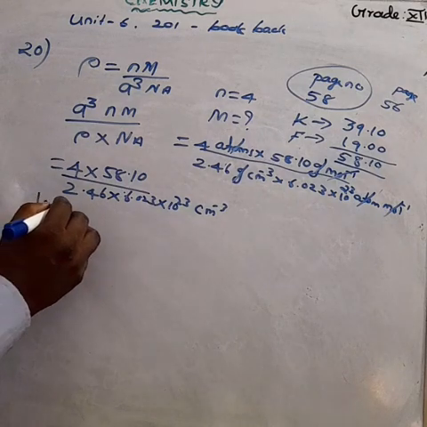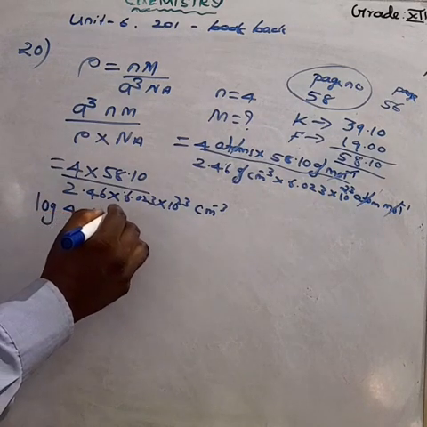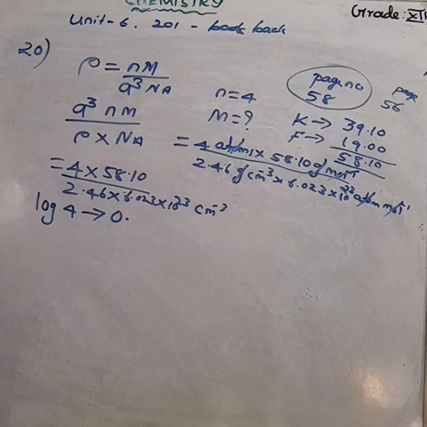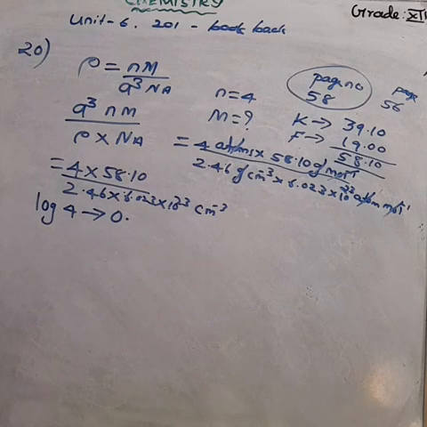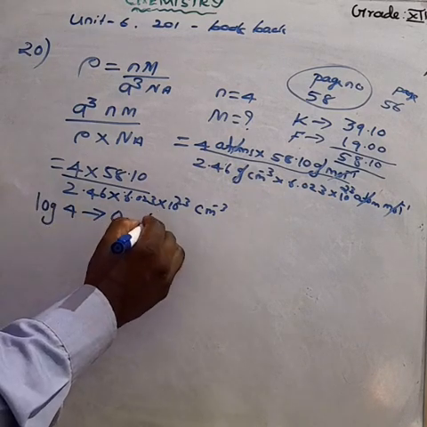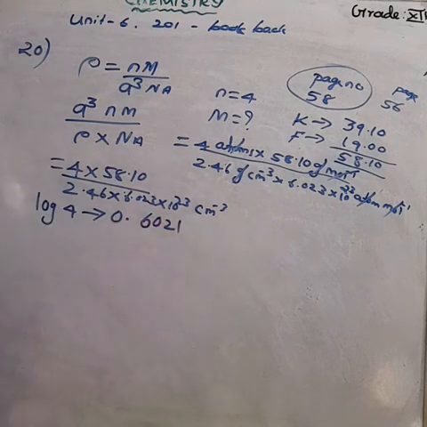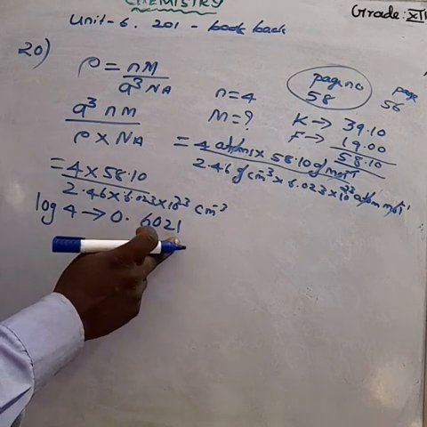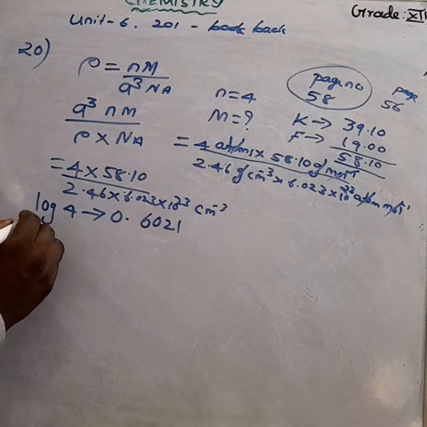It has a single digit, so the characteristic is 0. Log of 4 means we take log of 40. Log of 40 value is 0.6021.